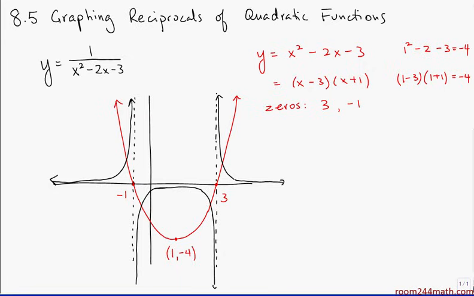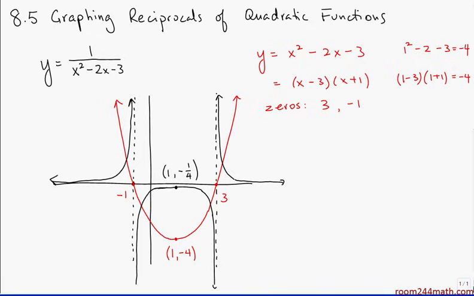And their maximum point is going to have the same x value, 1, and the y value is just going to be the reciprocal of the y value of the vertex. So in this case, the reciprocal of -4 is -1/4.